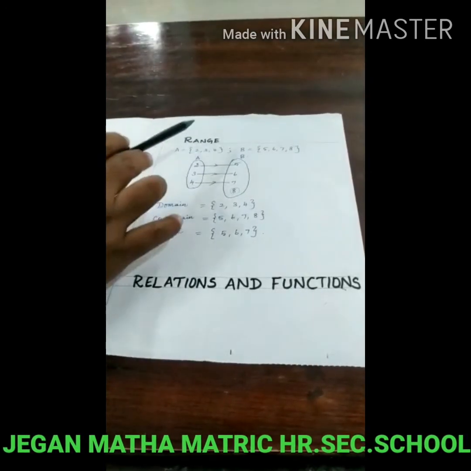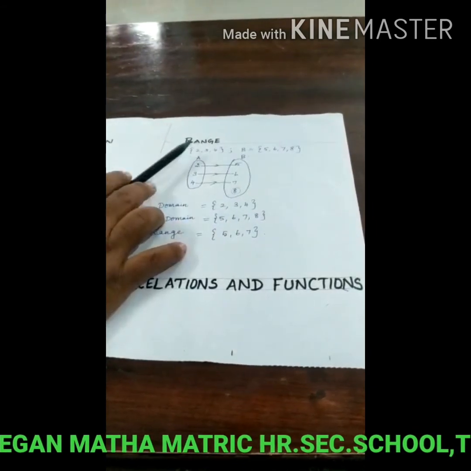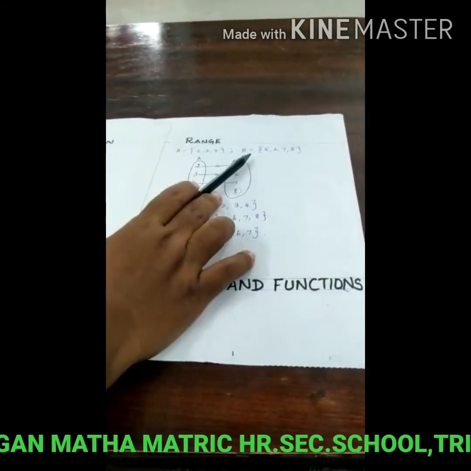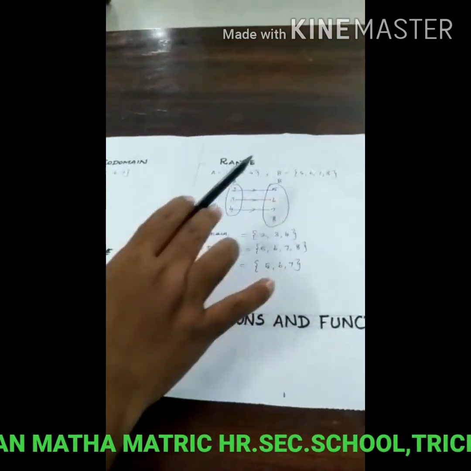Range. Here A = {2, 3, 4} and B = {5, 6, 7, 8}.